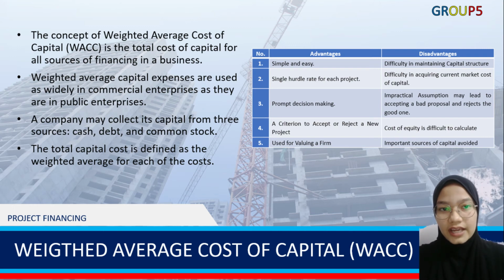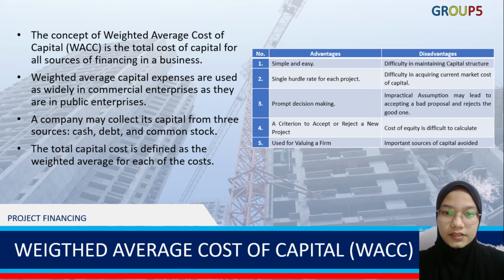Weighted average capital expenses are used as widely in commercial enterprises as they are in public enterprises. A company may collect its capital from three sources, which are cash, debt, and common stock. The total capital cost is defined as the weighted average of each of the costs.